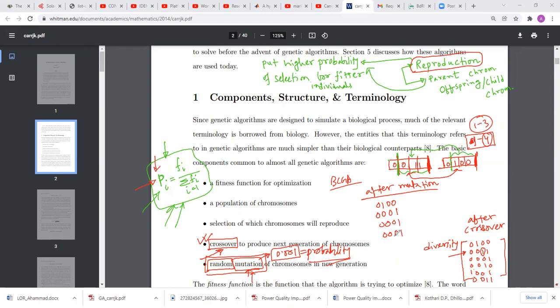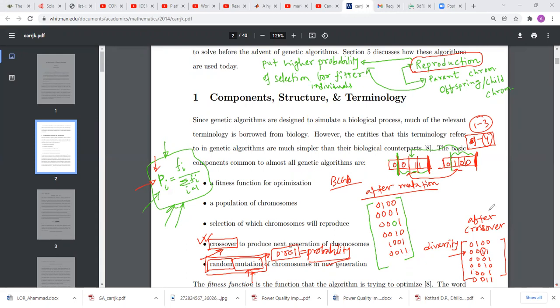But that will happen very rarely, with a very low probability. This is a mistake. 0010, 1001 and 0011. This is the mutated bit, and this is your new solution set after the reproduction.